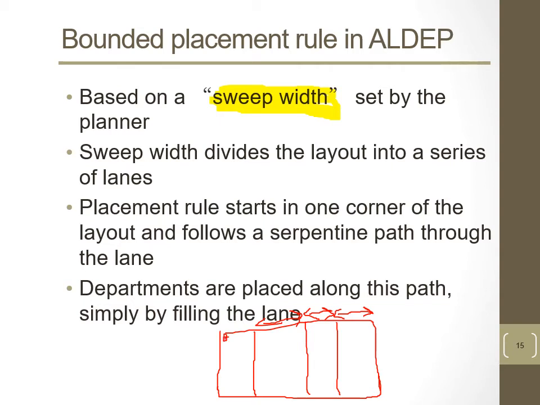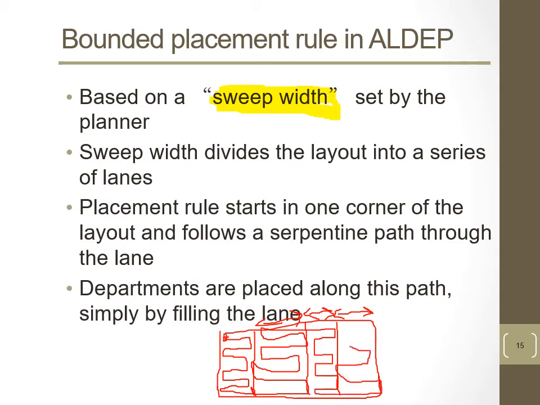It can, for example, start from here and place the grids of the departments here. As soon as it reaches the bottom, it continues from the next lane, and then it continues with the next lane in this manner. So the departments are placed in such a way that it never exceeds the boundaries of the layout, and also there is no disjoint segmentation of the total layout.